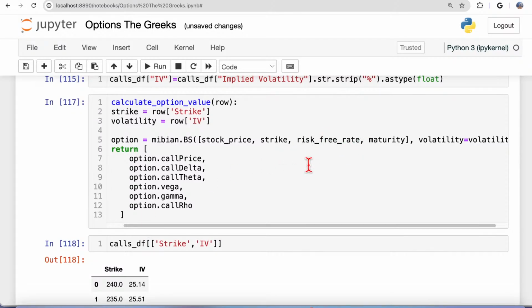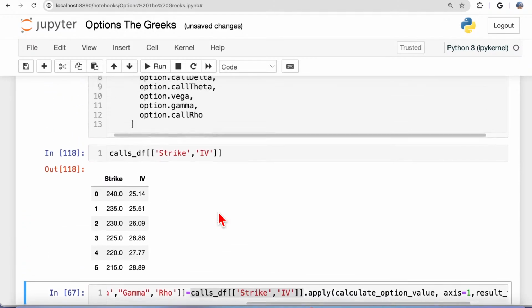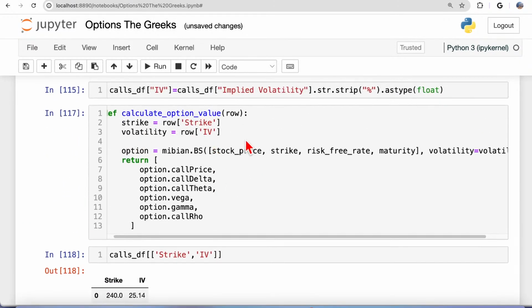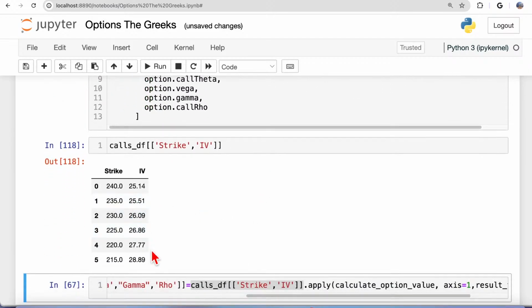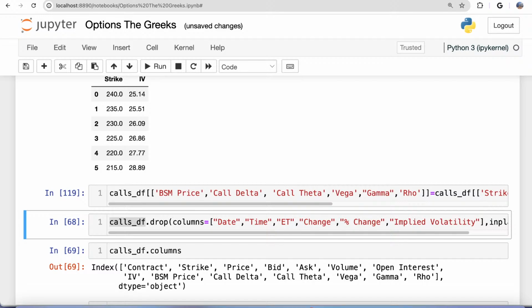That's pretty much what's missing for this formula. Now I want to iterate row by row, pretty much like a for loop, and apply this function that I defined here to all the rows. All right, so that's what we're doing here.